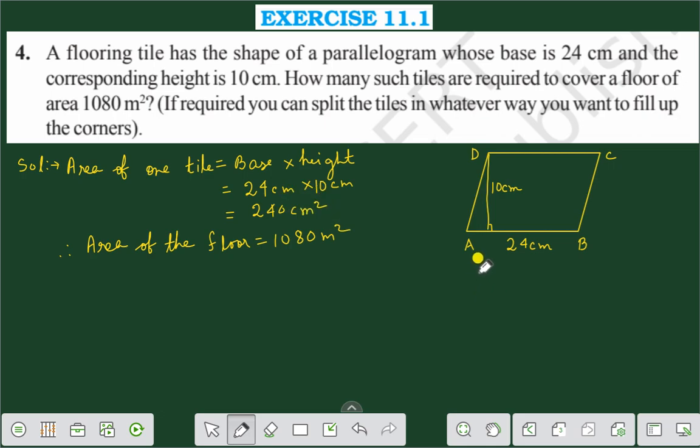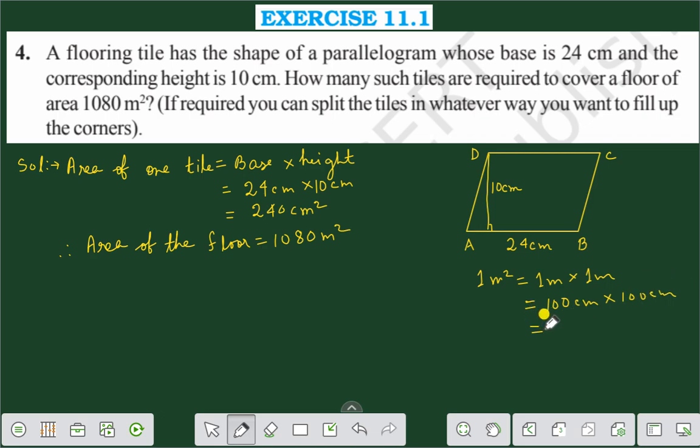And we know that 1 meter square means 1 meter into 1 meter. And you know that 1 meter equal to 100 centimeter, that is 100 centimeter into 100 centimeter.